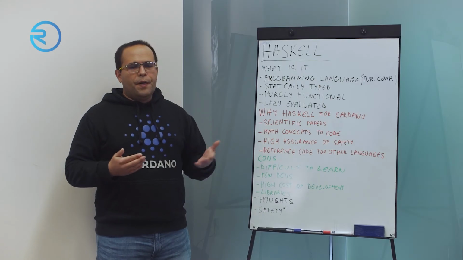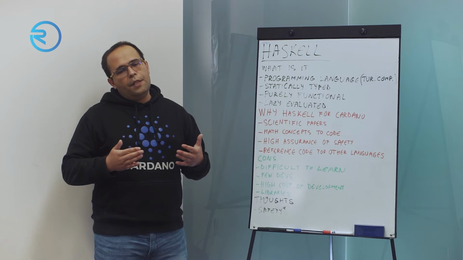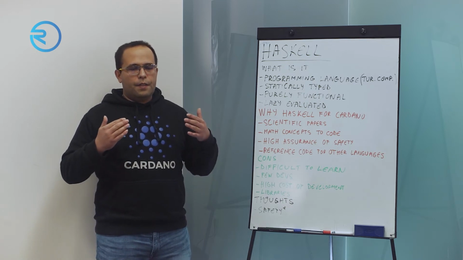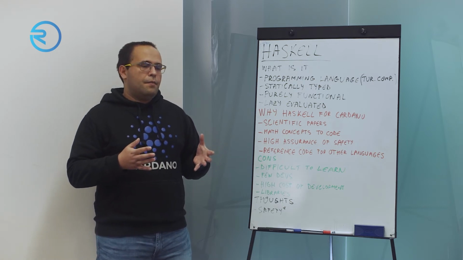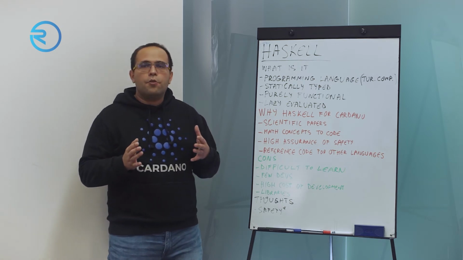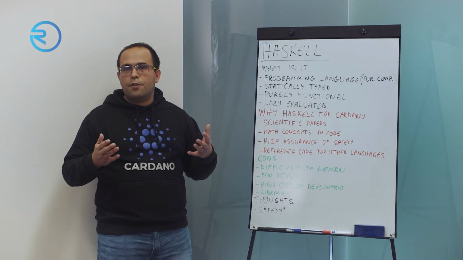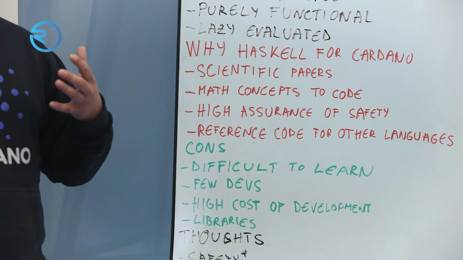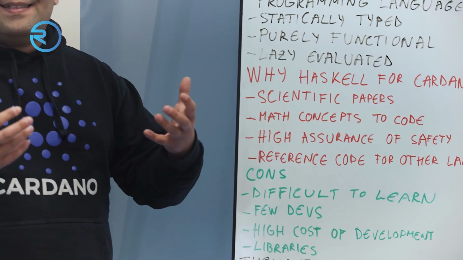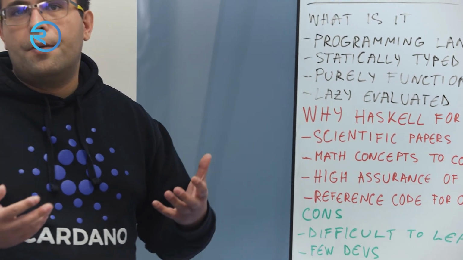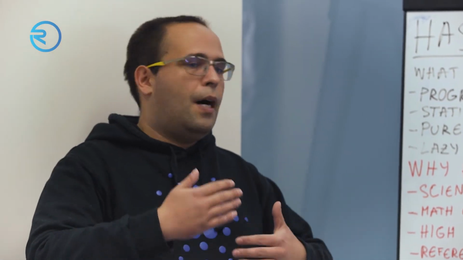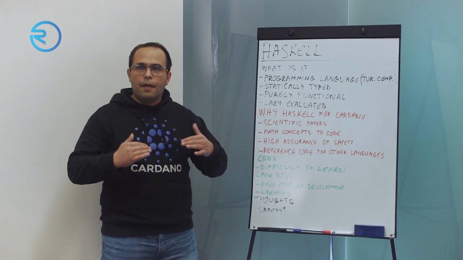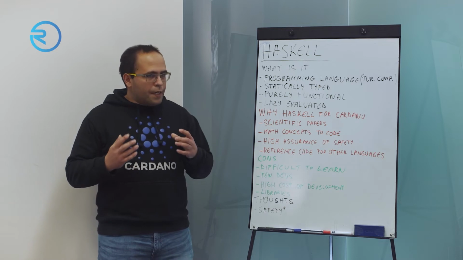This is true, but the benefit for Cardano is that the average Haskell developer is usually, not always, but usually scientifically inclined already. So this developer is much more likely to understand and implement the scientific paper because of the understanding of the language and the underlying math under it.